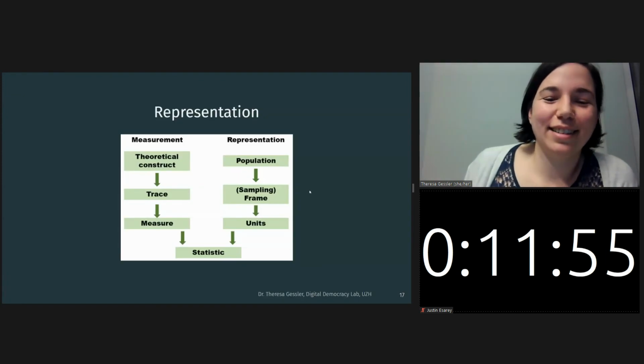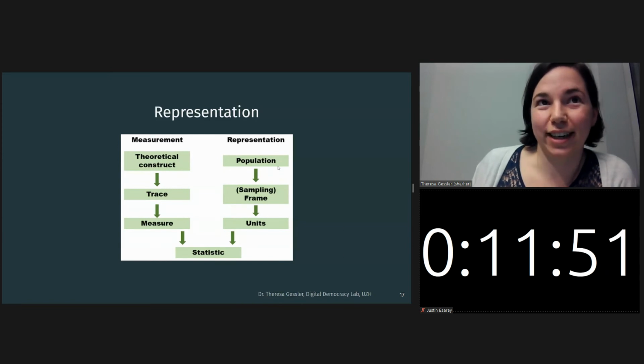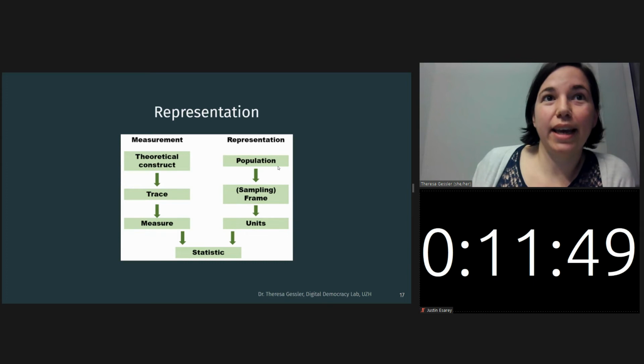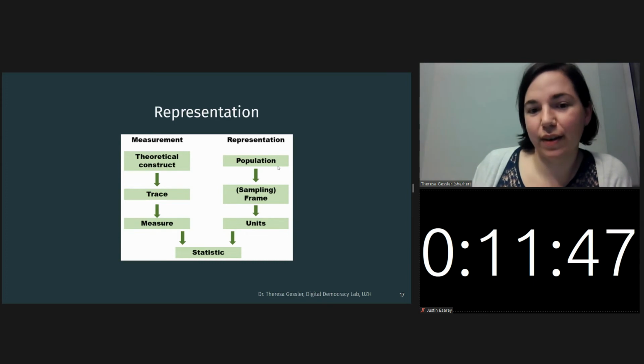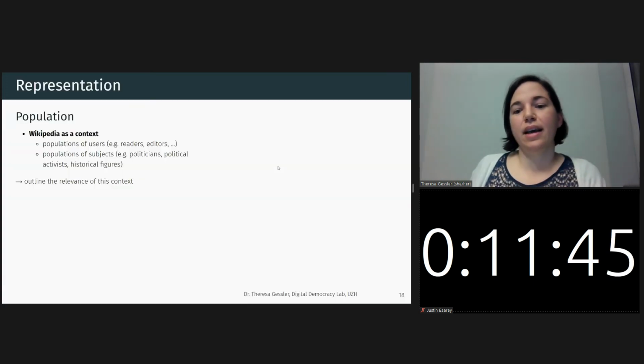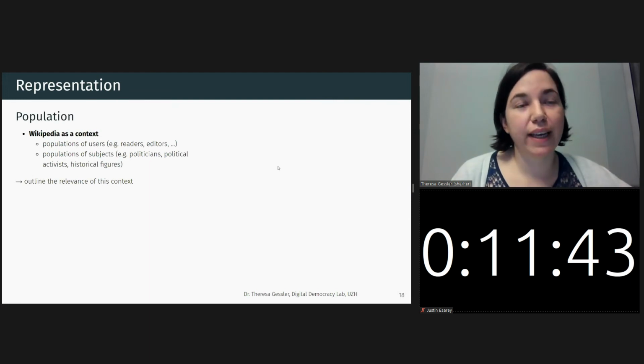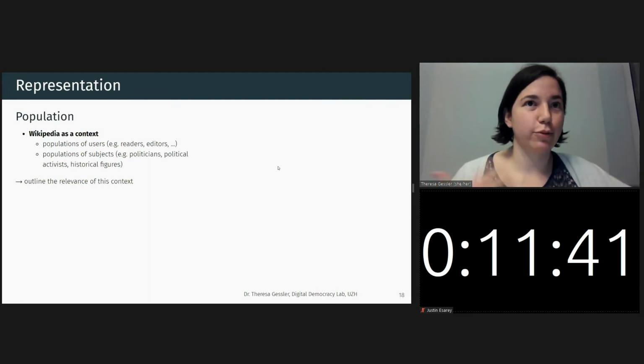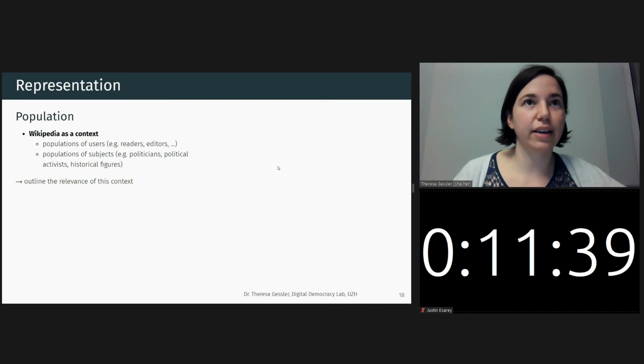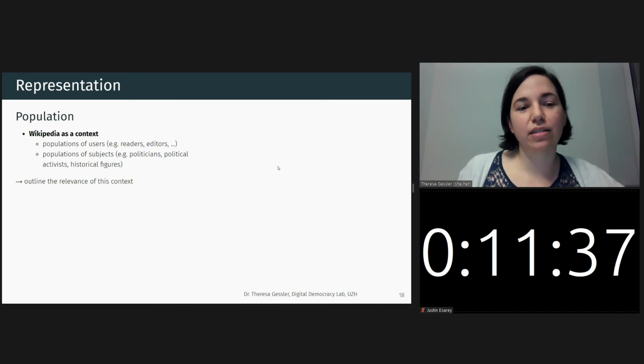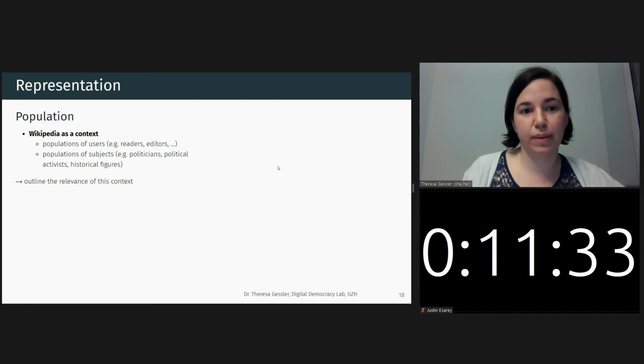Let me use the last minutes to also talk about the aspect of representation. So how can we then make inferences from these statistics that we've generated? Basically, when thinking about what Wikipedia is representative for, we need to distinguish between, on the one hand, considering Wikipedia as a context, so studying behavior on Wikipedia.